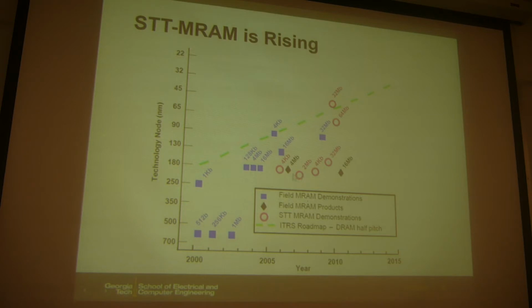But after that, the STT-MRAM is rising up, and the industry switched to the STT-MRAM, and I think the trend continues. Recently, I think 256 megabit was demonstrated, and recently, I think 1 gigabit from Everspin was also demonstrated. So this is the trend.